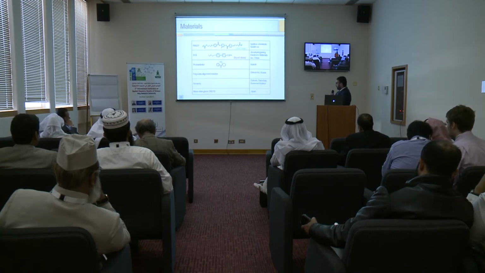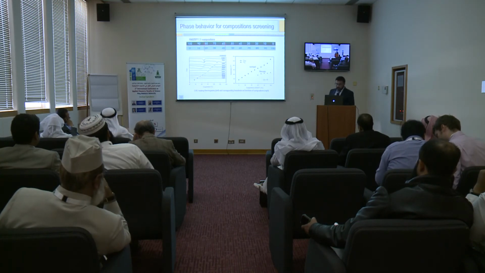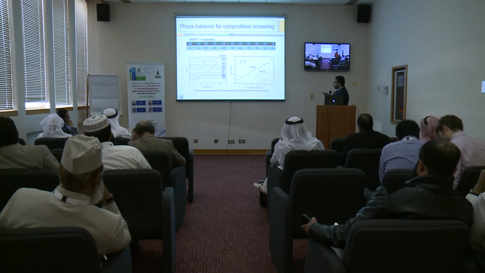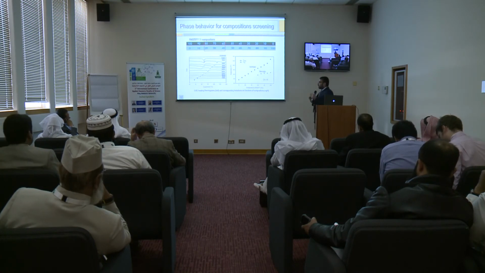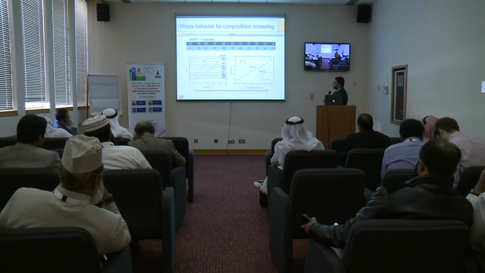And I use a photoinitiator so that photopolymerization could be performed. I screened what compositions would be necessary for the photopolymerization, and there were 3 compositions which could be successfully photopolymerized.